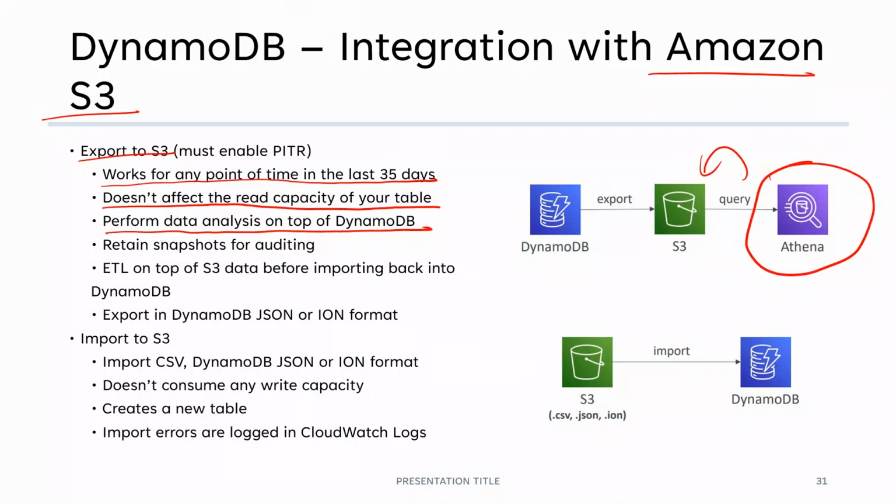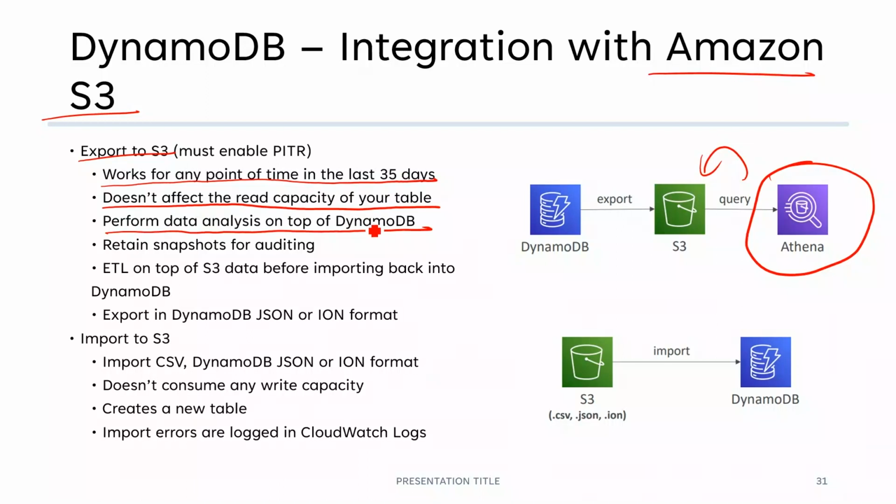You don't even have to transport the data from S3 to an OLAP warehouse like Redshift and then query the data. Instead, you can directly query the data on S3 using Amazon Athena, right? That is a very cool service. We're going to learn about that later on.